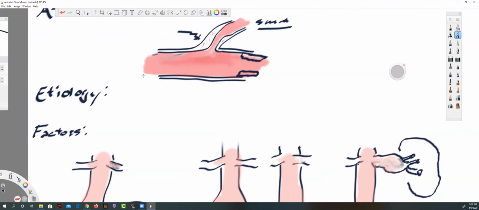So the etiology of why atherosclerosis occurs is anywhere from unknown, UNK for unknown, to more commonly, and I think this is really what's going on, inflammation of the vessel, specifically the tunica intima.